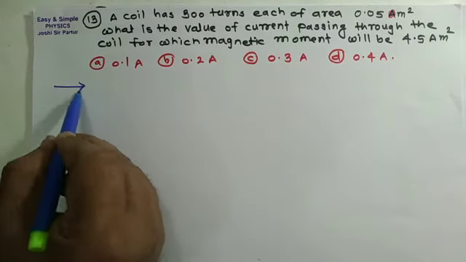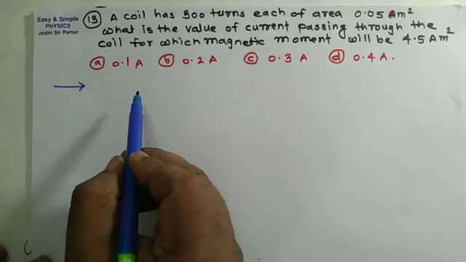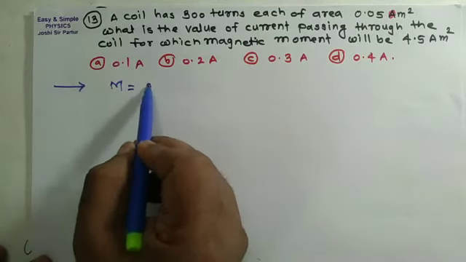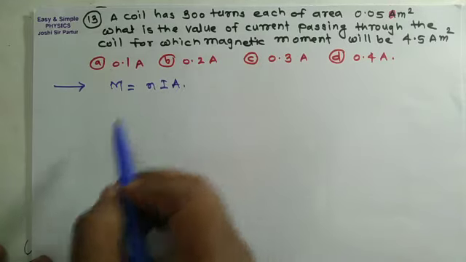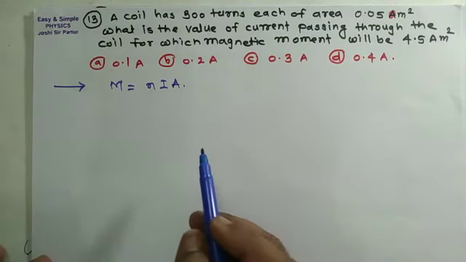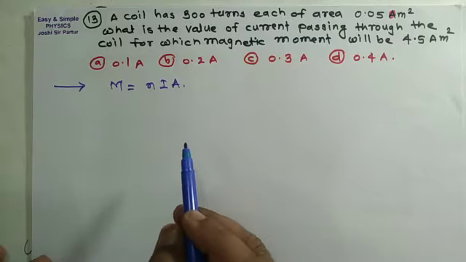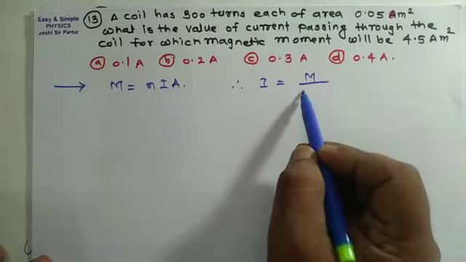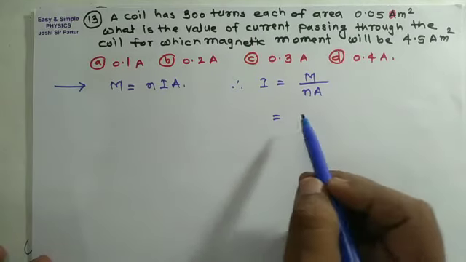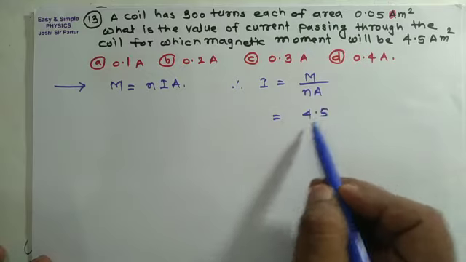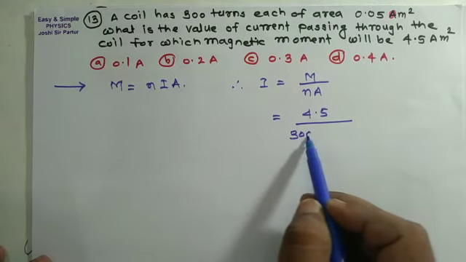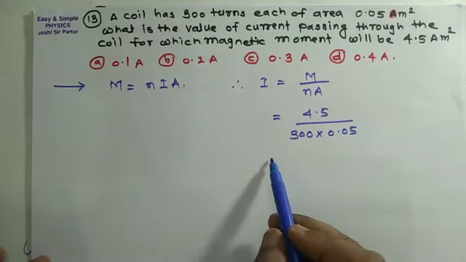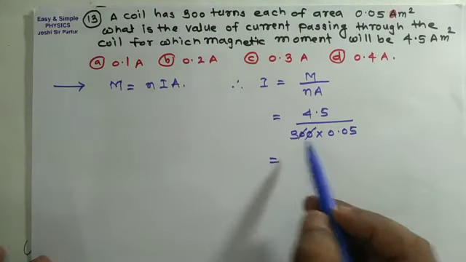See here, such an example can be solved as magnetic moment is equal to N I A. So area is given, I is to be calculated. So I is equal to M upon N A. Here M is given as 4.5 divided by 300 multiplied by 0.05. 20 can be calculated.